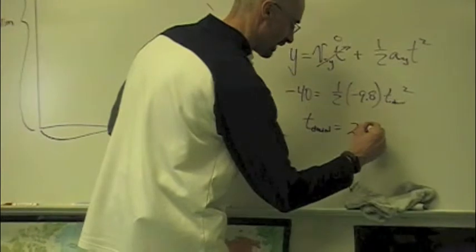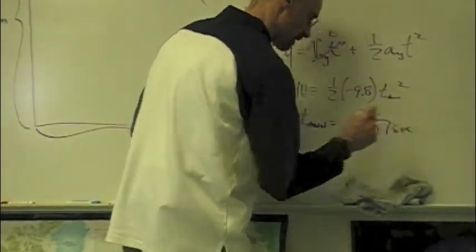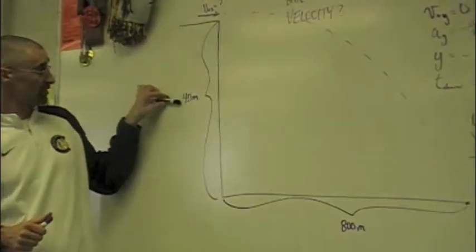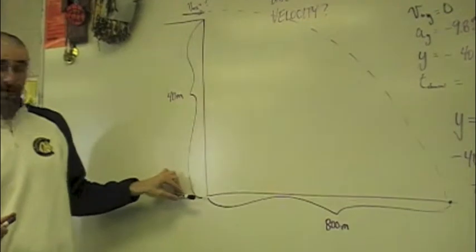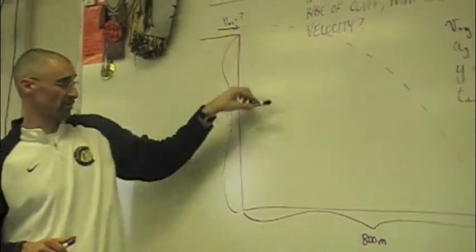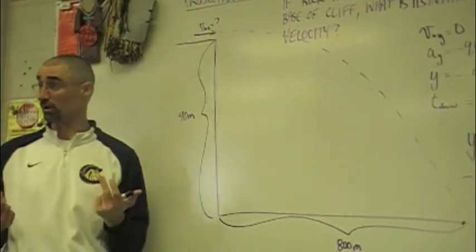So 2.8 what? 57 seconds. Okay. Because it's fallen 40 meters downward, if we shoot it horizontally, remember it's going to fall at the same rate as if we just drop it. It's going to take 2.857 seconds to fall.